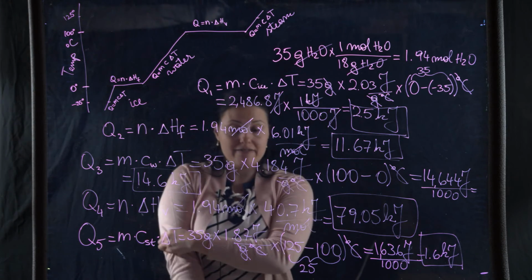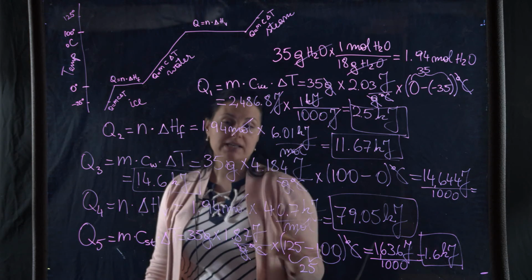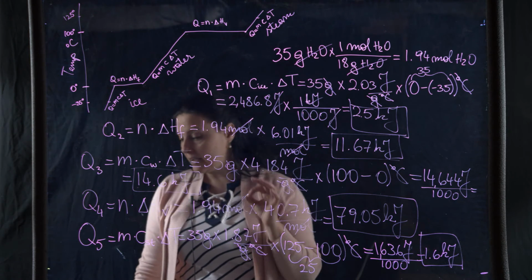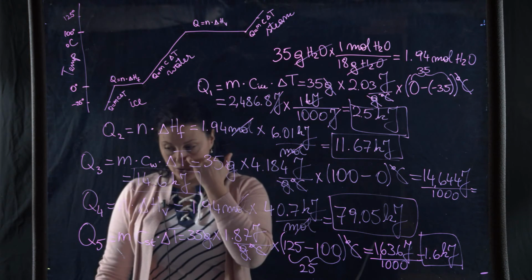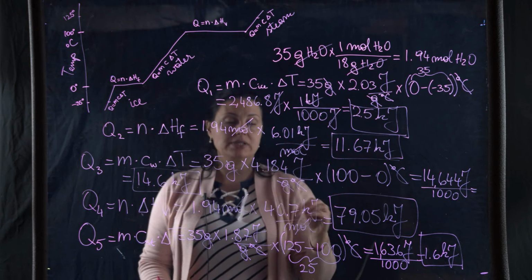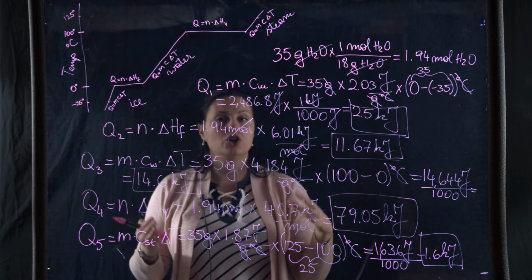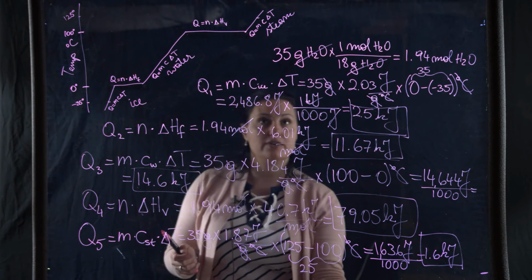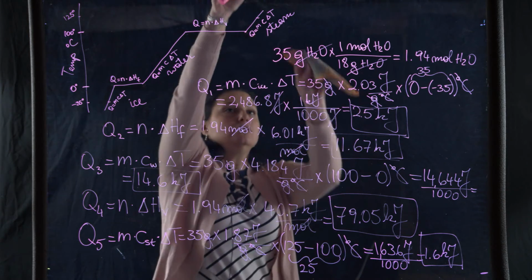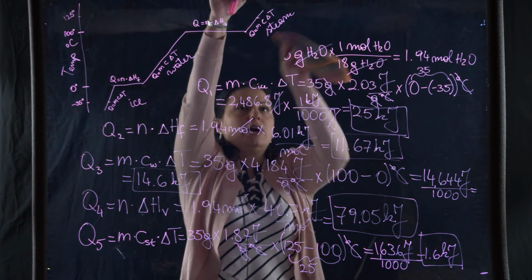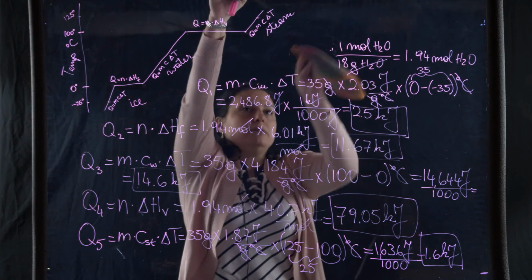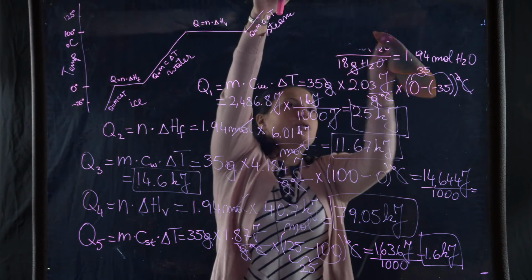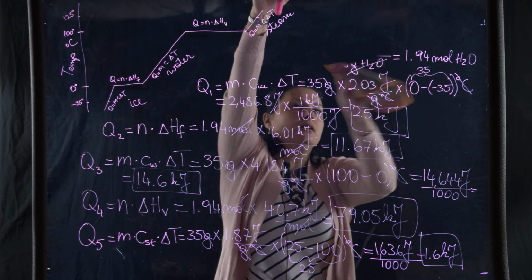Now that I have all of the pieces together, the very, very final thing I need to do is add all the steps together to get the total Q, the total amount of heat required. So I'm going to erase this part here because I ran out of room down below, but that's all.